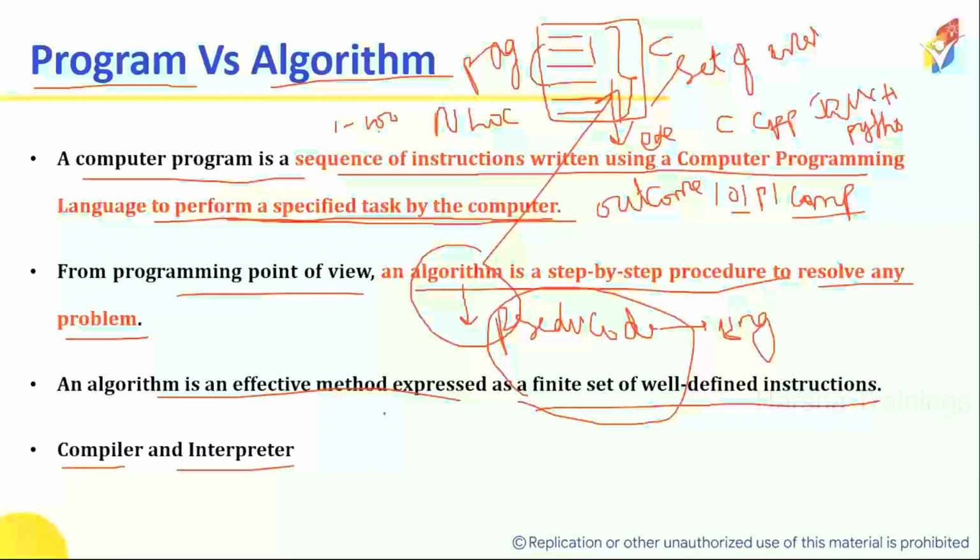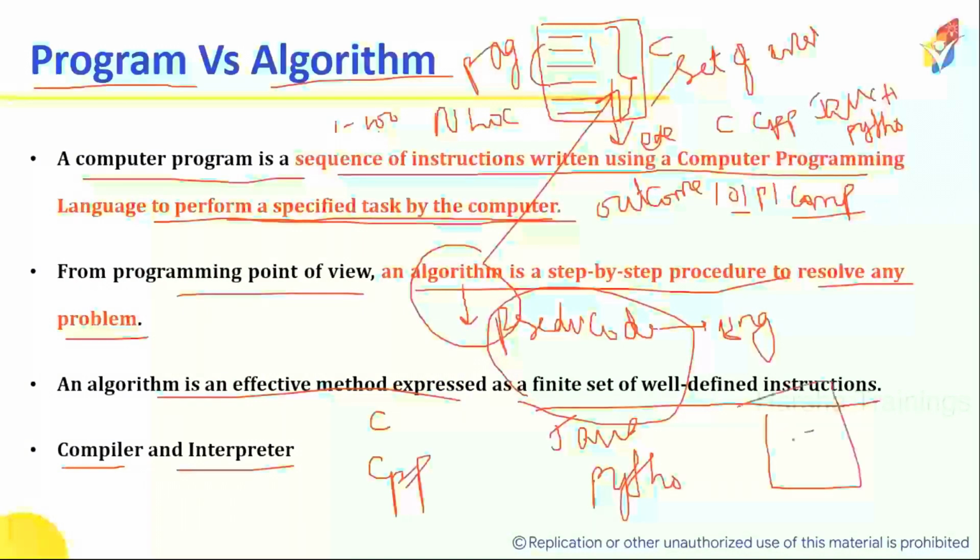For example, take languages like C, C++, Java and Python. Let us take a set of statements. If I want to compile the entire program at once, I will use a compiler.